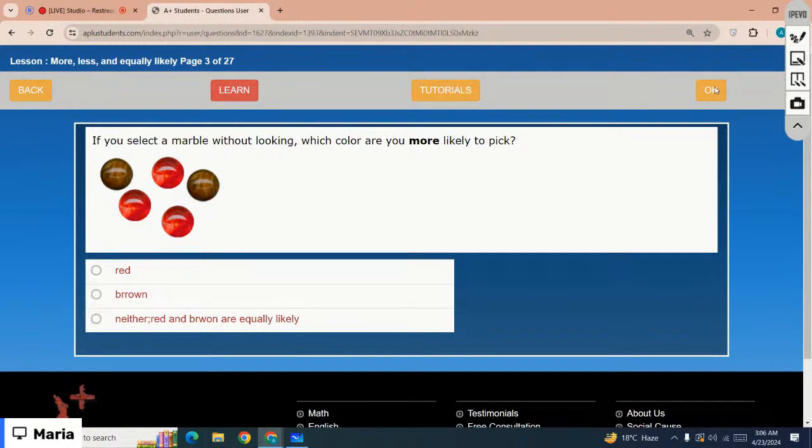More likely to pick is the one that has more. You have three red marbles and two brown marbles, right? That means it will more likely pick the red marble. The correct option is option number one. Very good.